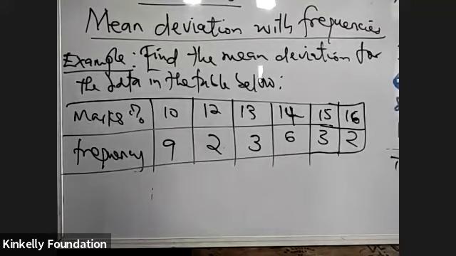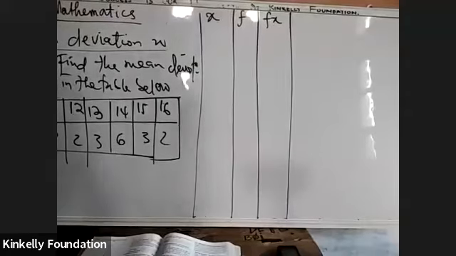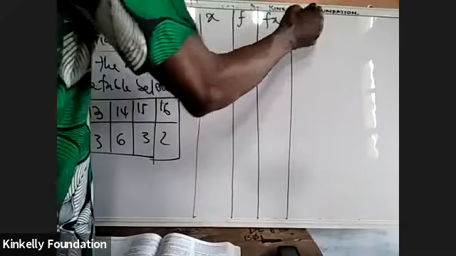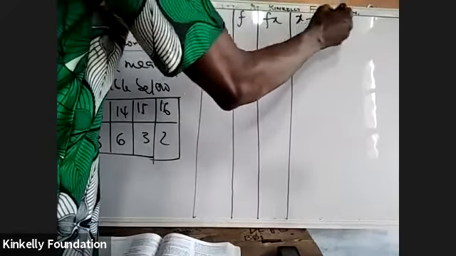The x values are 10, 12, 13, 14, 15, and 16 with corresponding frequencies 9, 2, 3, 6, 3, and 2. So we have to find the mean deviation. Remember, this is the mean deviation involving frequencies. In this case, we have x, f, fx, x minus x bar, the absolute value of x minus x bar, and f times the absolute value of x minus x bar.